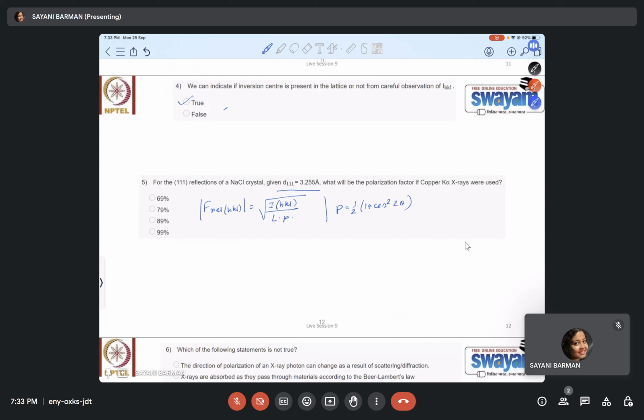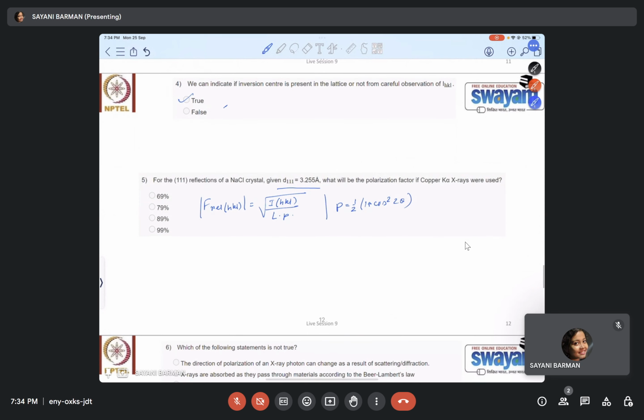I have to check whether from this I can do this equation or not. Okay, solve this question in the next class.